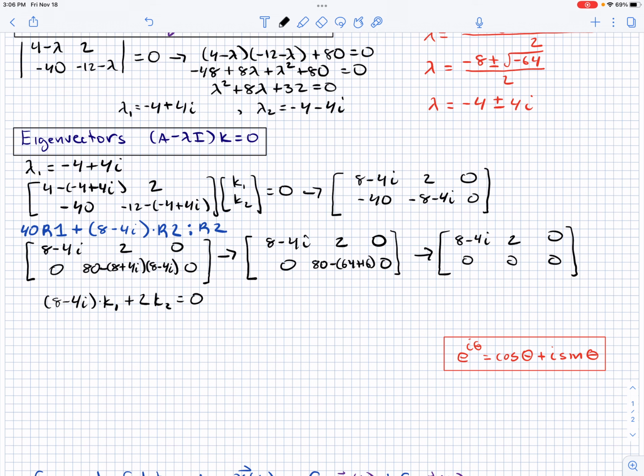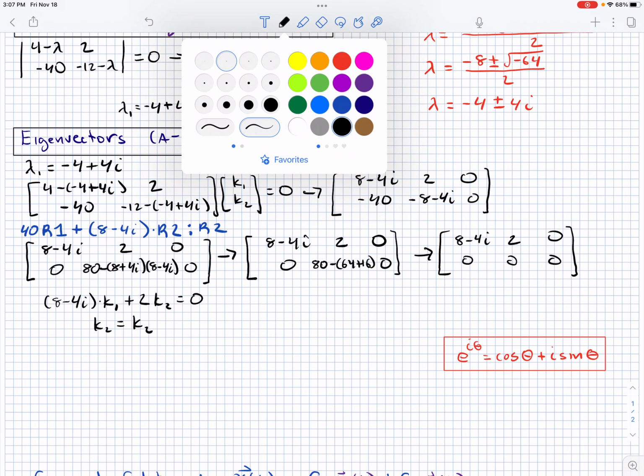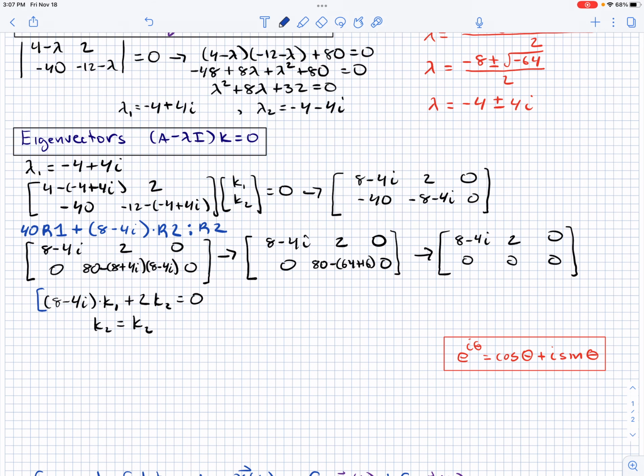And then also, because we can see the second row is a bunch of zeros, we have a free variable for k sub 2, so we could just say k sub 2 is going to be k sub 2, whatever it wants. And to make things a little nicer, I'm actually going to multiply this whole equation here on the top by its conjugate, 8 plus 4i. That just will help right here, making that a real number.